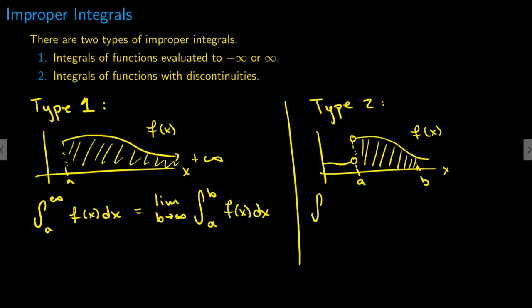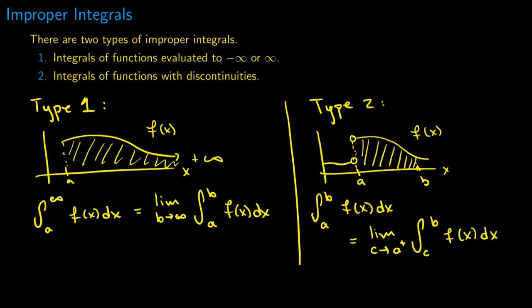And this is going to look like the integral from a to b of f of x dx. But again, the function wasn't even defined at a, so instead we're going to write this as the limit as some parameter c this time goes to a from the right, so we'll put a little plus there, of the integral from c to b of f of x dx. So those are our type 1 and type 2 improper integrals.